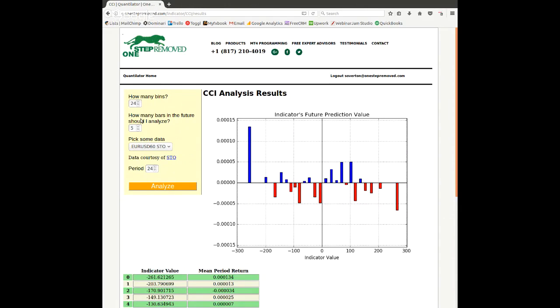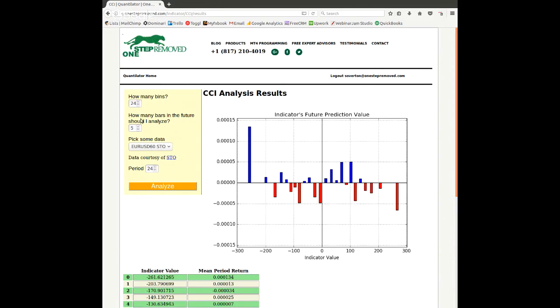Okay, Max says, I'm sorry, but I don't understand what's an indicator's future predictive value. Okay, so a future predictive value is the market return, right? A lot of times when you're reading the Wall Street Journal, you'll read about the stock market and it'll say, hey, the stock market went up 1% today. That's the future return.